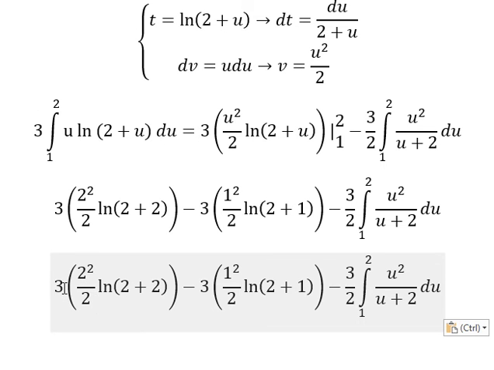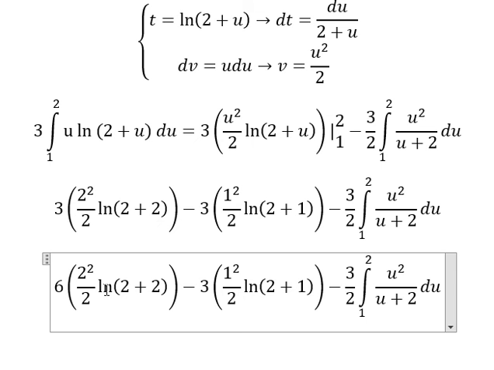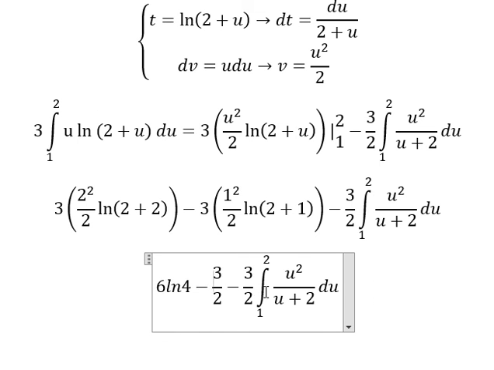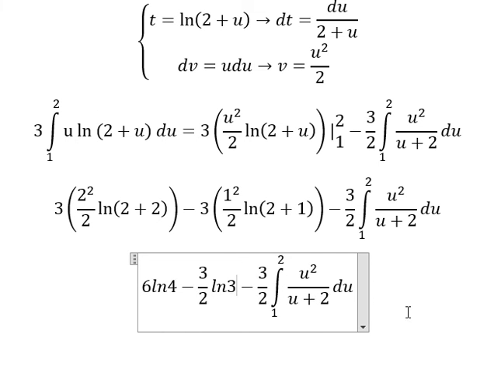Number 3, number 2, you got 6. This one you got ln of 4. 3 over 2. This one you got ln 3.